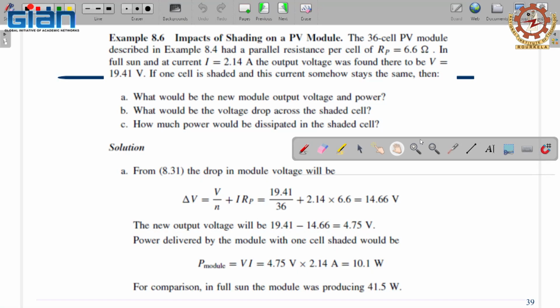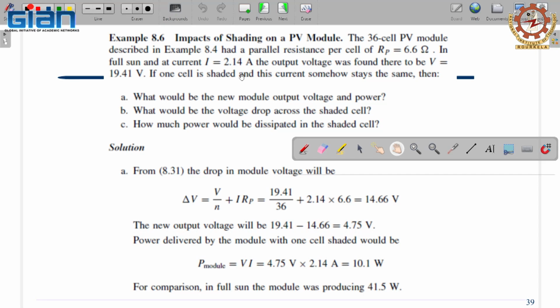So basically, this is an example. You can see the analysis of this circuit. The example we are continuing from 8.4 with some data.